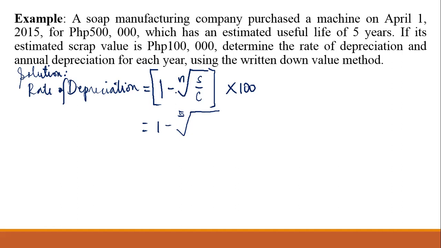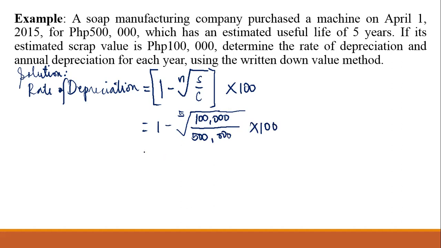So, aabot lang daw ito sa 5 years. So, 5 taon lang siya. Alright? So, yung S natin, the scrap value, so the scrap value is equal to 100,000 over the acquisition cost of 500,000 pesos. Okay? Times 100.